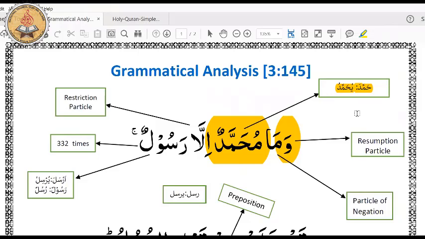From these, different constructions and different words are derived. In these three root letters ha, mim, dal, the basic meaning is to praise, hamd. Now there is hammada and yuhammidu.